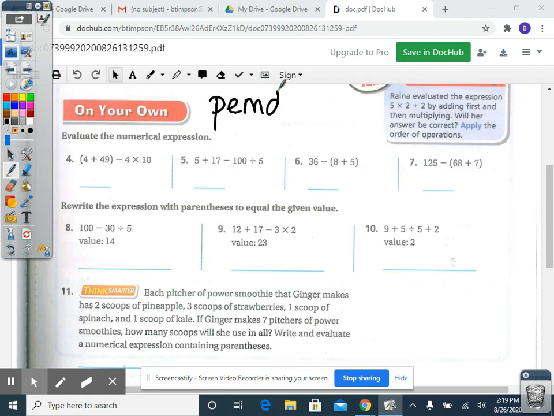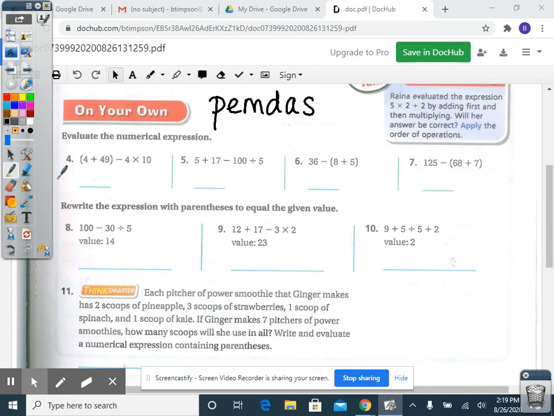I'm not going to mark out the letters this time, but I do believe that the majority of my students who have written down PEMDAS each time and marked out the letters as they solved each step have not had as many difficulties navigating through the problem, and they have also shown that they're able to stay on the correct order in that problem much better. So I would highly recommend writing down PEMDAS each time and marking out each letter as you do each step. That will help you in the long run get more problems correct.